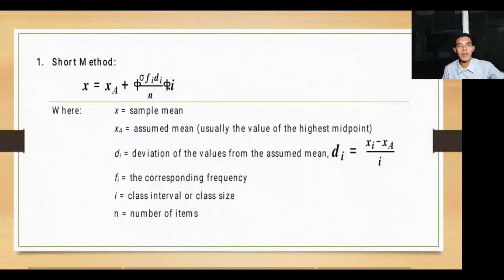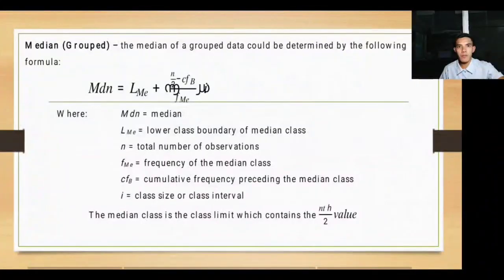We also have the median of the grouped data, which could be determined by the following formula. Median equals the lower boundary of the median class plus n over 2 minus the cumulative frequency preceding the median class, all over the frequency of the median class, multiplied by the class interval.